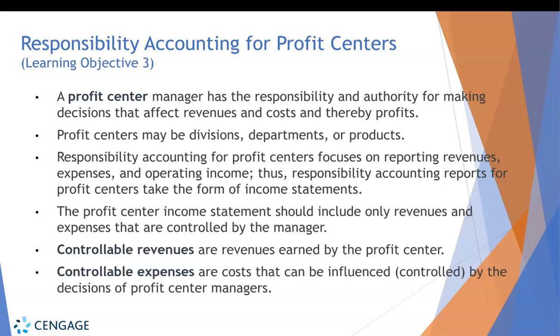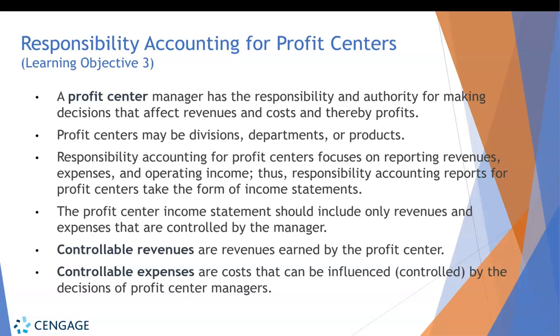Profit center managers have the privilege, I should say, but responsibility and the power for making decisions that affect the revenues and costs, which ultimately means the profits. Profit centers can be divisions, departments, or they can be products. Now, responsibility accounting for profit centers focuses on reporting revenues, expenses, and operating income.